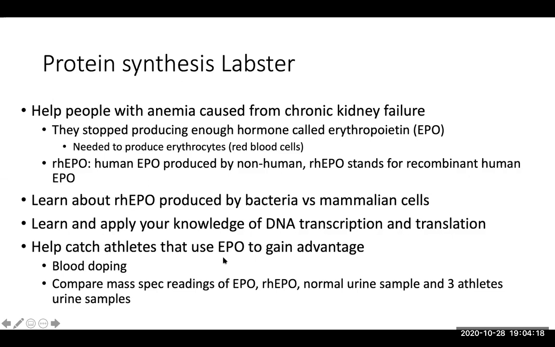So the idea is some athletes think that if they take EPO, then they will have a higher capacity for oxygen carrying, right? They're going to have a higher oxygen load in the blood, which is going to allow their muscles to do a little bit more work.